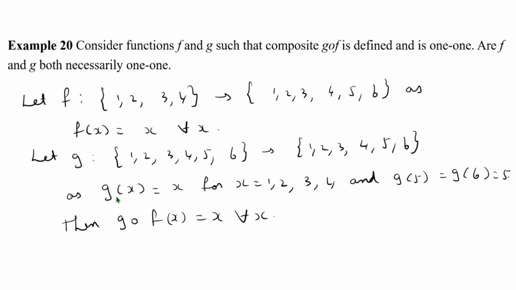On the other hand, g is not 1 to 1 because there are two elements 5 and 6 having the same image 5, because g of 5 is equal to g of 6 is equal to 5. This g of f is 1 to 1, but g is not 1 to 1. So if the composite g of f is 1 to 1, then f and g need not be 1 to 1.